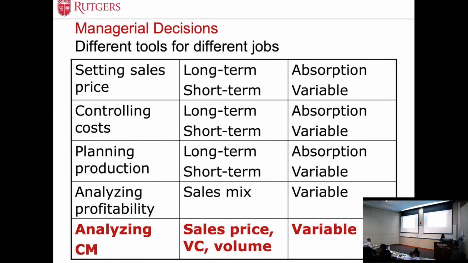So if you are making the long-term cost control, you may consider using the cost information from the absorption costing system. But if you are controlling costs in the short term, let's say in this month, you may just consider using variable costing because you just want to control the variable cost within the short term. And others are the same, right?